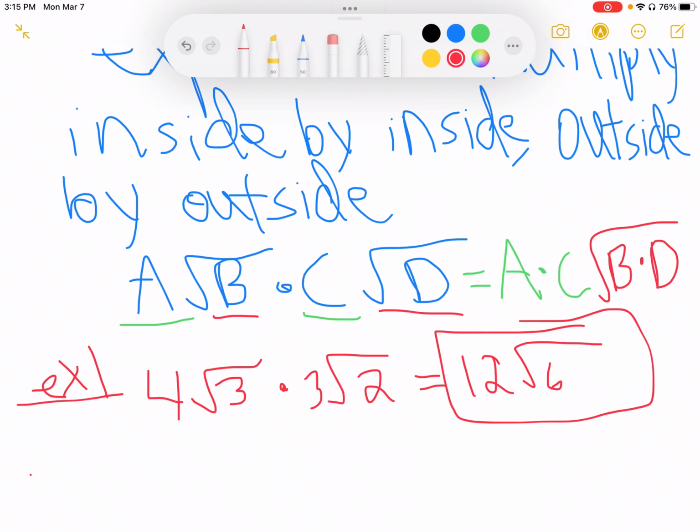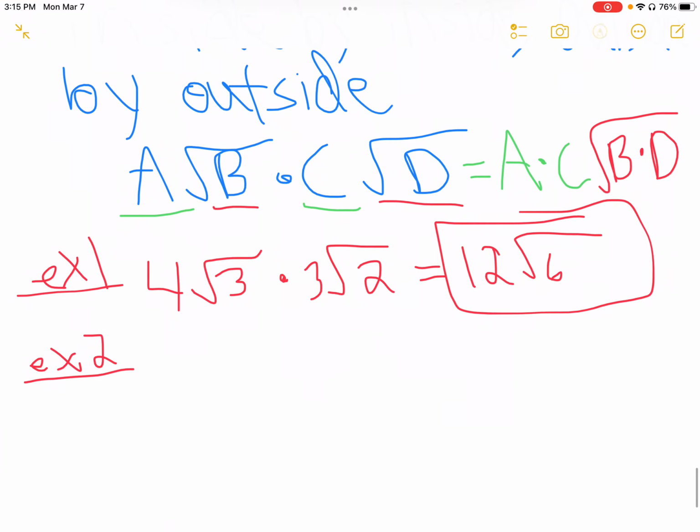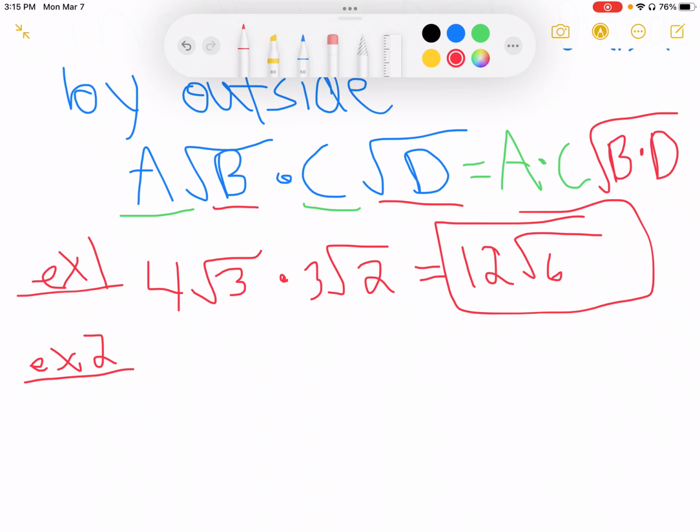Now, we might have to do something different for other ones. Example 2 just has a little bit more complexity. If we did example 2, we'd have 4 root 3, or 4 times square root of 3, and then we're doing times 6 root 6. The same rules apply here.